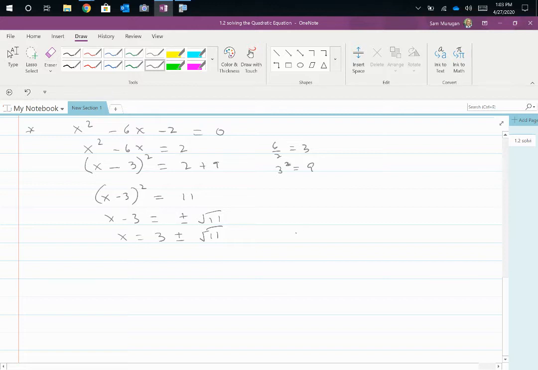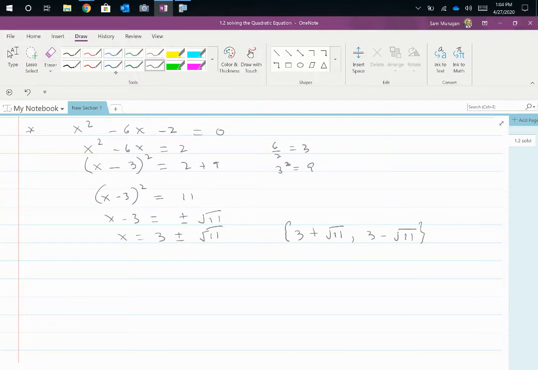So this has two solutions, 3 plus the square root of 11 and 3 minus the square root of 11. This is the way you'll be expected to type your answer into the MyMathLab homework, separated with a comma, and do not put the square root of 11 in a calculator. Just leave it as the square root of 11.